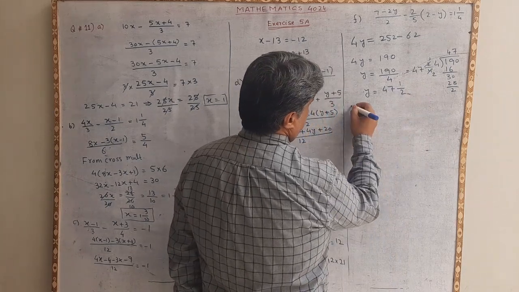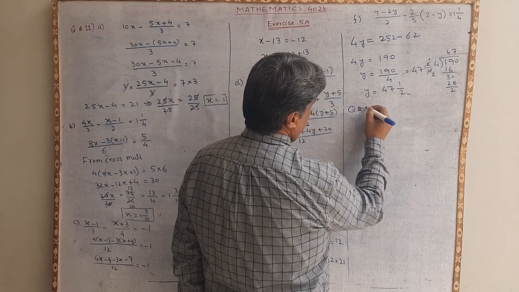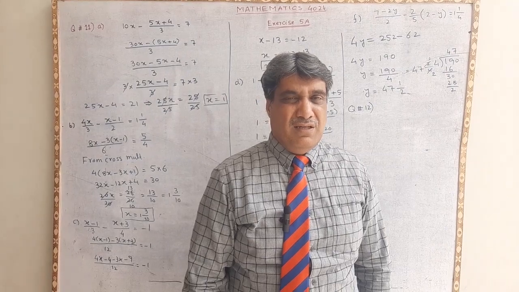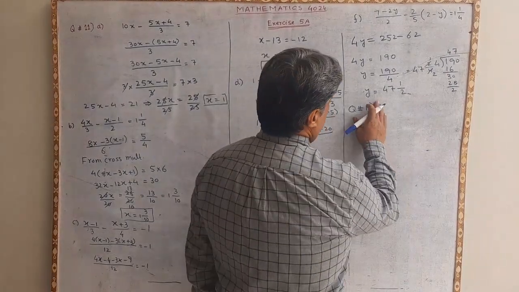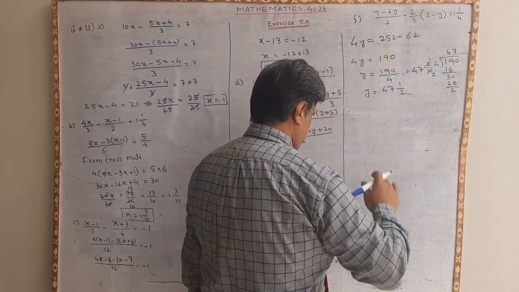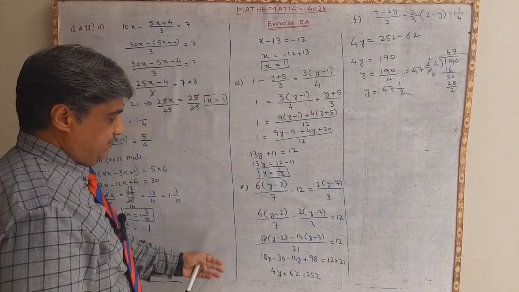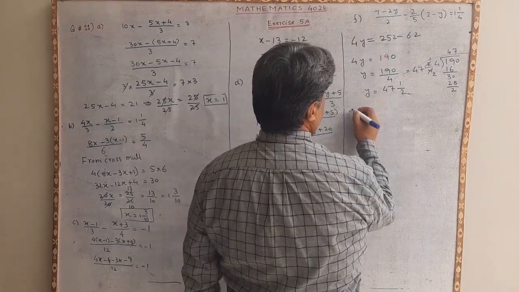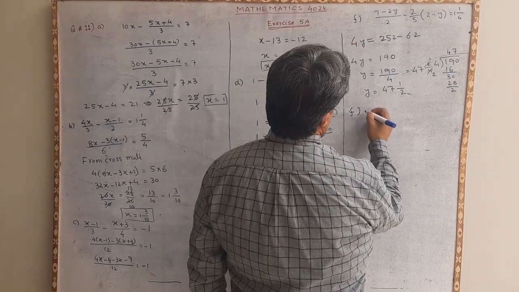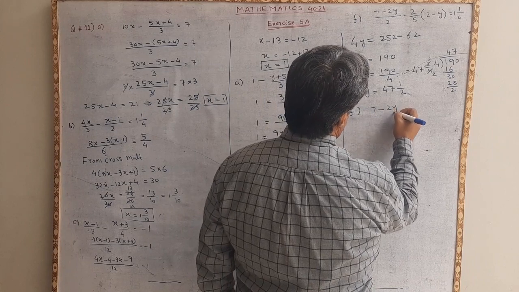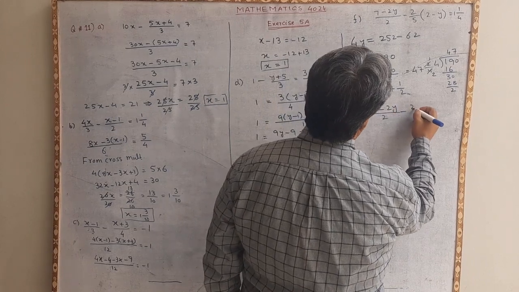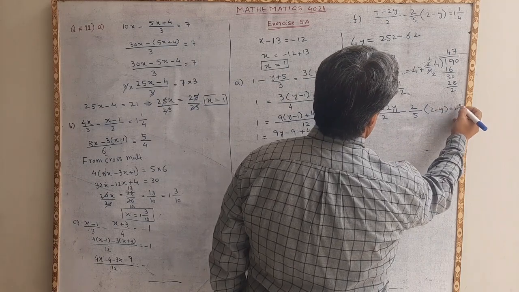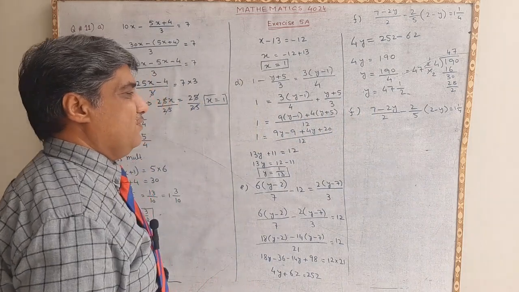Now we have to do question number 12, and that is a verification. But before that, we have to do this part number F. I was not aware that this part is this, so we are writing this F part here. 7 minus 2y divided by 2 minus 2 over 5, 2 minus y is equal to 1 whole 1 over 4.